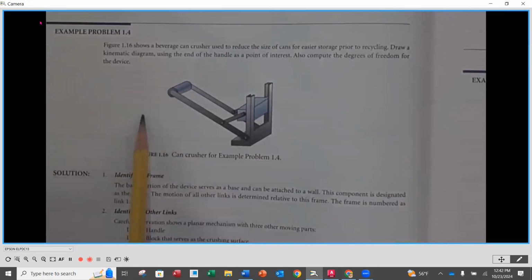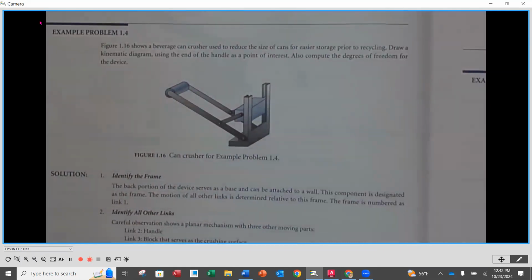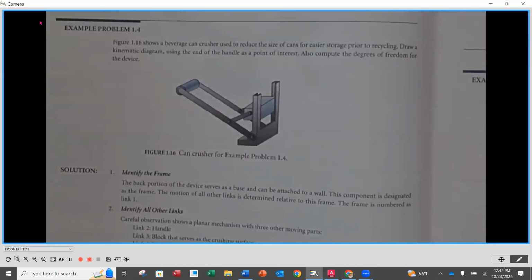And you'll notice that here's the handle. And then this L bracket right here, that would be the frame. That's the part of the mechanism that's not moving. So anything connected to that frame is going to then be identified as such.